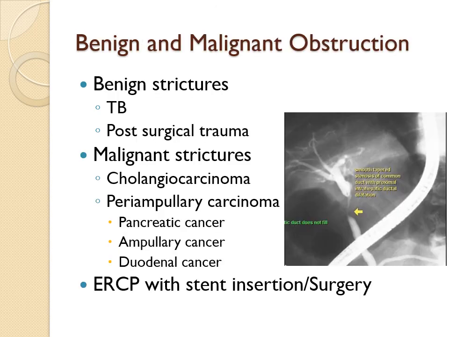So we can have benign and malignant obstruction of the bile ducts, presenting as strictures. For benign strictures, common causes would be TB and post-surgical trauma. So TB can affect any part of the biliary tree, producing strictures anywhere in the bile duct. Post-surgical trauma occurs during cholecystectomy.